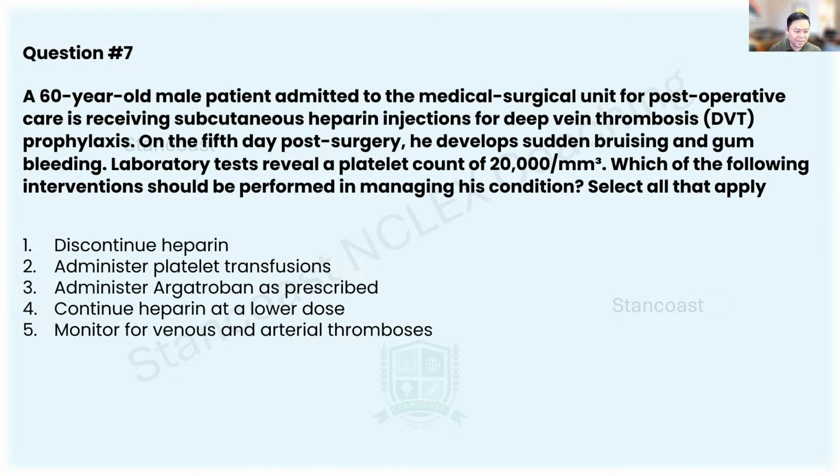I'm seeing 1-5 from Nijay. Marie-Flore answered 1-5. Remember about the HIT. So the situation stated that the patient has received subcutaneous heparin injection for DVT, but on the 5th day post-op, he develops sudden bruising and gum bleeding, and the platelet count is 20,000.